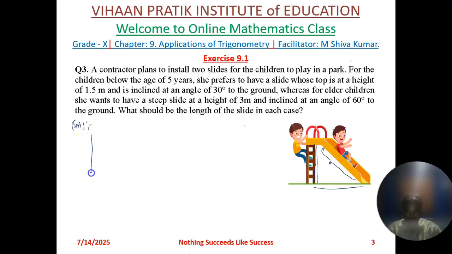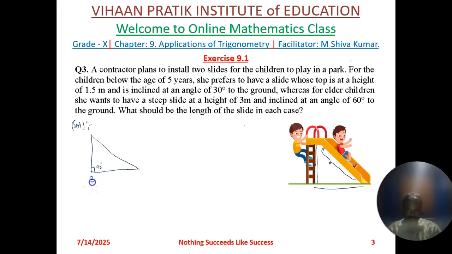Now this is the height of the slide where children can climb using the stairs, and this is the ground from where the bottom foot of the slide is connected. This is the slide, so it forms a right angle triangle, 90 degrees.